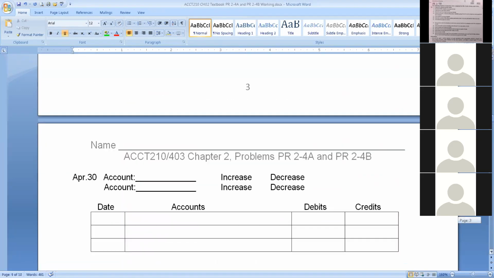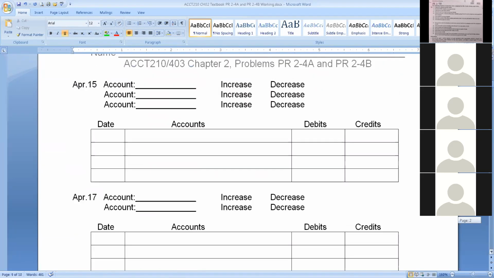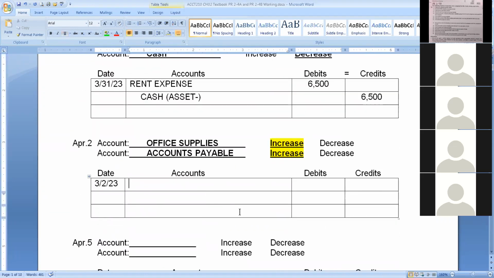And again, you really only needed one of those to make the journal entry. $2,300.